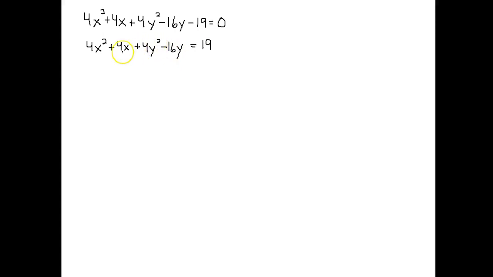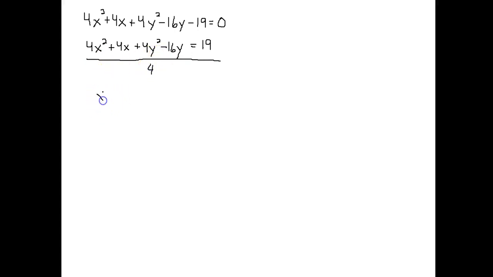Next thing, we want the x squared and y squared terms to have 1's in front of them. If this is a circle, then you'll be able to do this. Since they both have 4 in front of them, divide the entire equation through by 4.